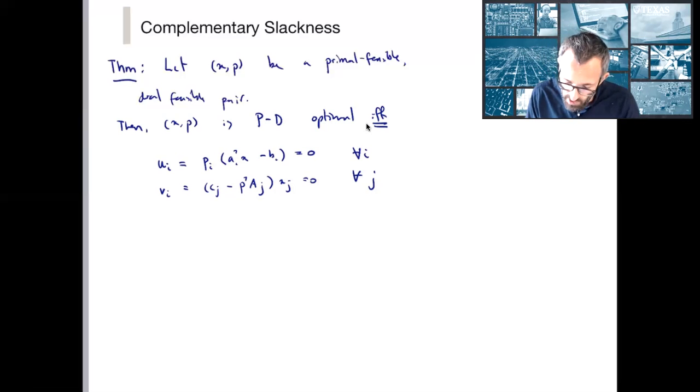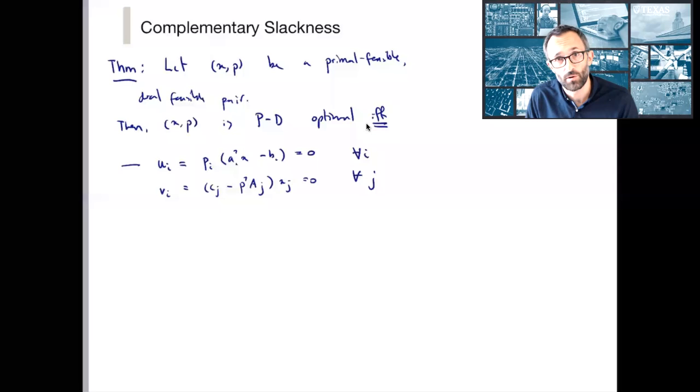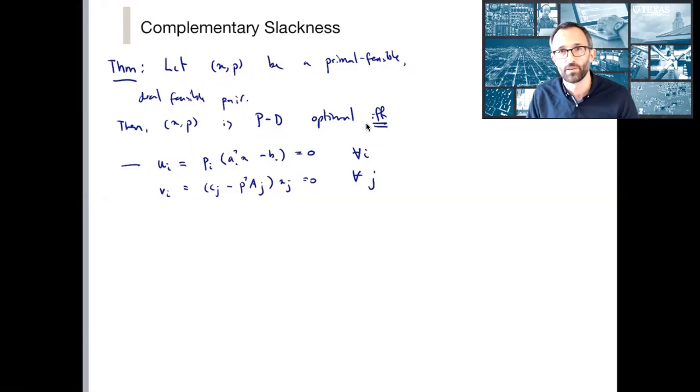What is this first constraint saying? It's saying that if ax is strictly less than b in the optimal solution, in other words, if ax minus b is not equal to 0, it means p has to be equal to 0. So the economic interpretation is that if in your optimal solution you are not using all of a particular resource, it means the marginal value of that resource to you is 0.